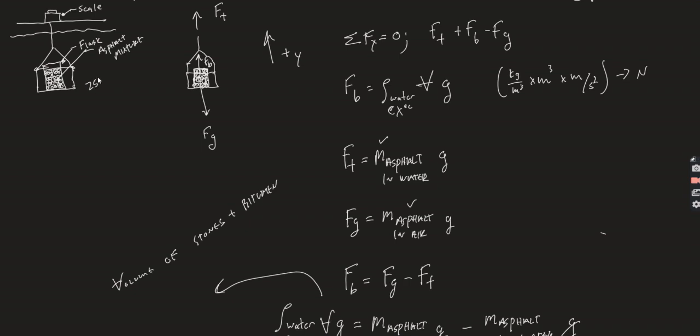So if this is at 25 degrees Celsius, or 5 degrees Celsius, you'll need to use the density of water relative to that temperature, times the volume displaced, which is the volume that is displaced by the stones in the bitumen, basically.